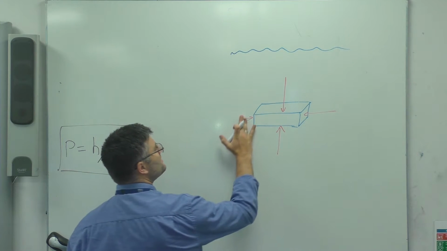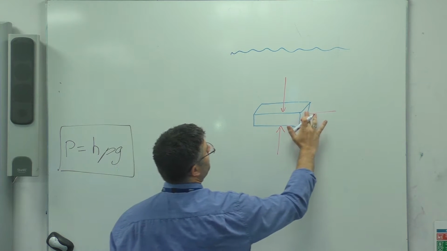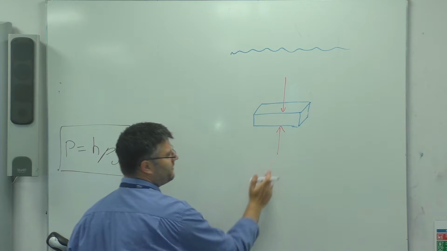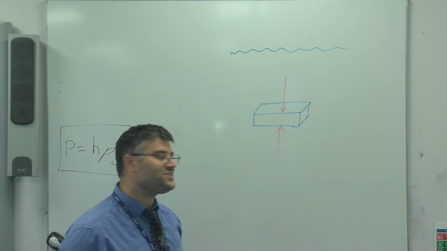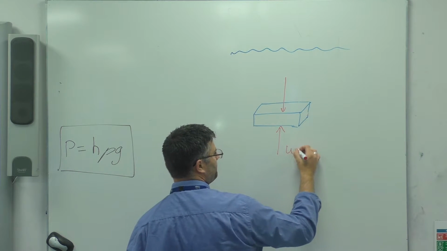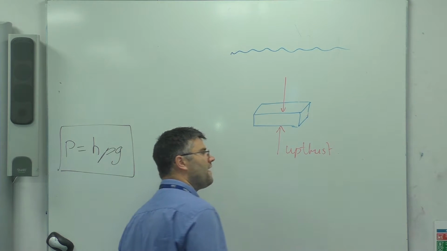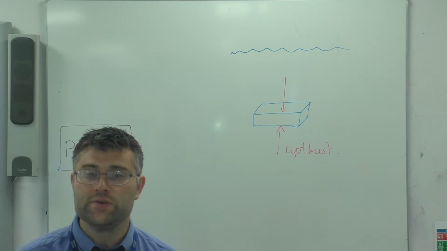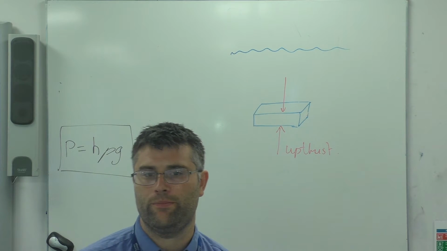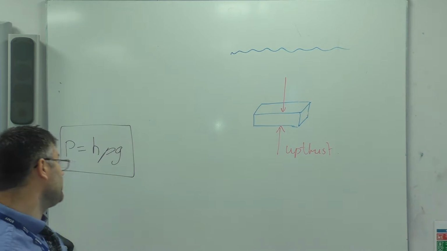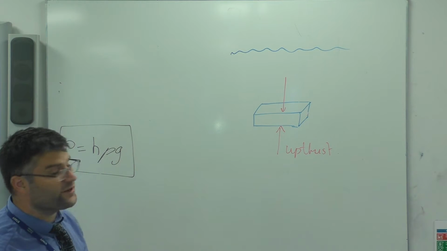We're not interested in the sideways ones, but we are interested in the one that keeps things afloat, and that is called upthrust. The aim of today's derivation is to get to an equation that represents upthrust. We're going to start with where we ended up in the previous video.